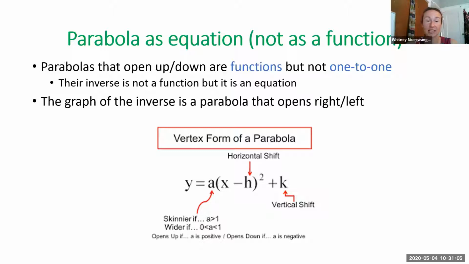So (h, k) is the vertex, and that a just tells you how wide or how narrow that parabola opens up. So that's the vertex form of parabolas that we've used so far. Hopefully you guys are really familiar with that. Nothing there is new for you.